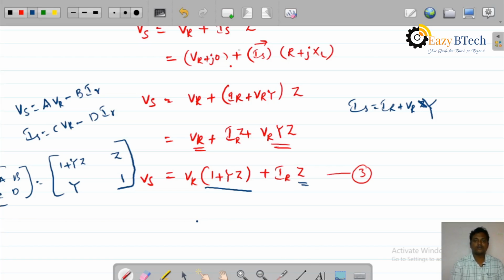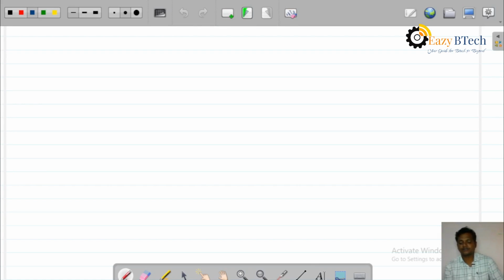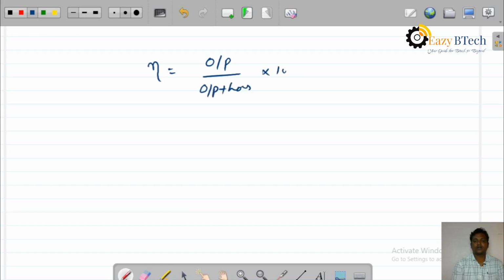Okay. Now, after calculating VS and IS, we can calculate the efficiency of the transmission line. It is output divided by output plus losses, into 100.